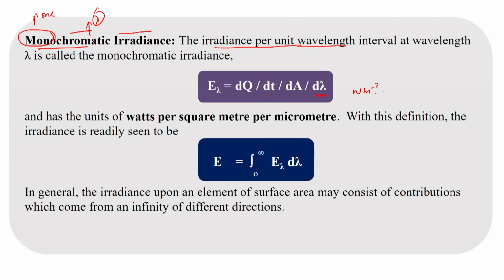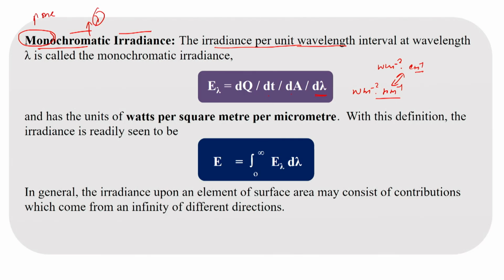And then you have per nanometer, or sometimes it is written as watts per meter square per centimeter inverse, because you can write it in terms of wavelength. It depends on whether the wavelength is given in nanometer or centimeter inverse.